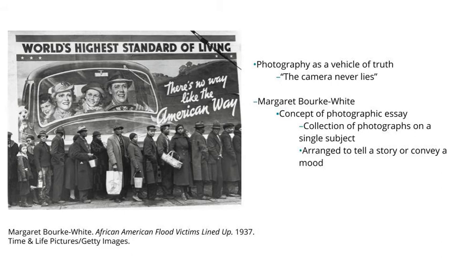And the irony here, you can clearly see, is they're all standing in front of a giant billboard of a happy little white family that says there's no way like the American way and world's highest standard of living. So there's just definitely some irony in where the resources get divvied out to here, and clearly Bourke-White was thinking about this when she took the photo.